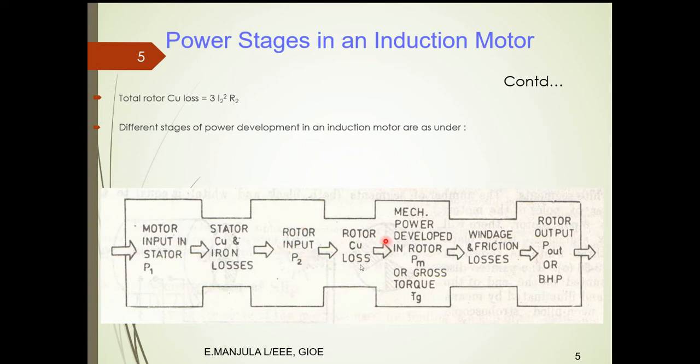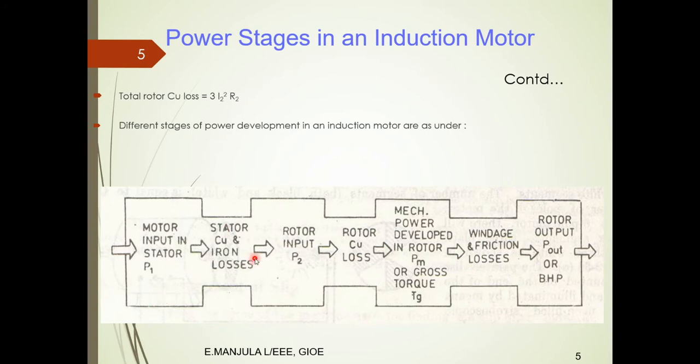From the rotor input, the rotor copper losses are subtracted, then you get the mechanical power developed in the rotor, that is the gross power. After that you have frictional and windage losses. After subtracting frictional and windage losses from this PM, you get the rotor output, that is the actual power output.